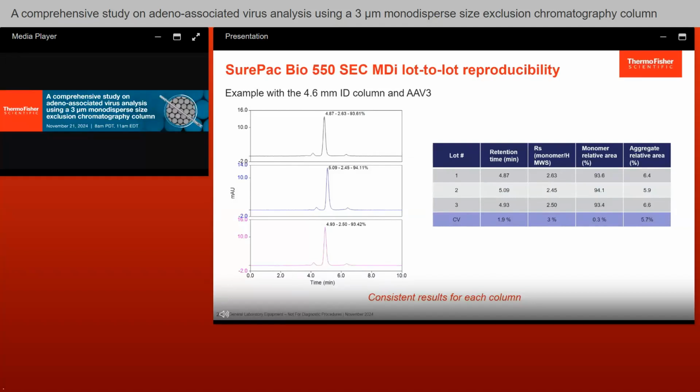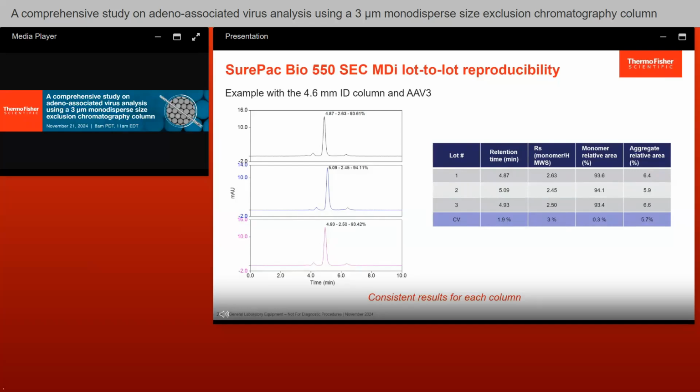For the AAV3 sample analyzed using the 3 different lots, we have a retention time with 1.9% deviation. We have a resolution with around 3% deviation, and they're all around 2.6, 2.45, and 2.5, so baseline separated.